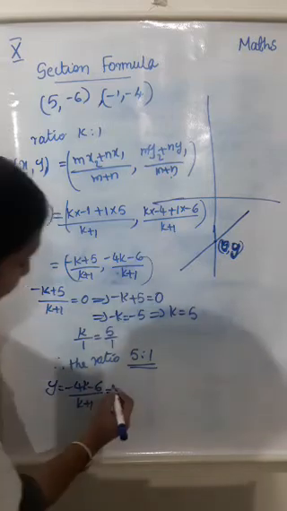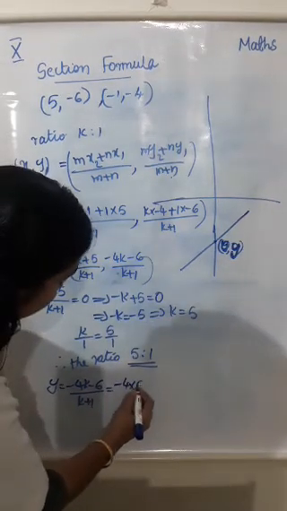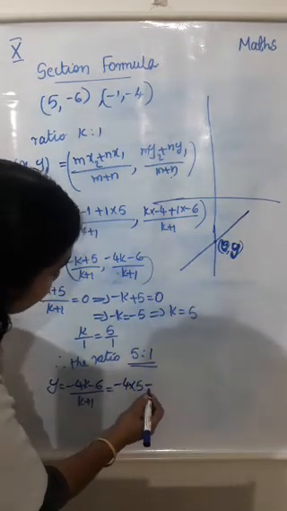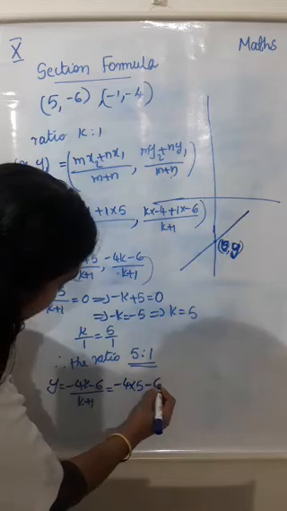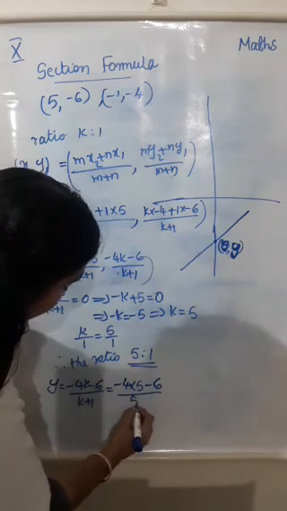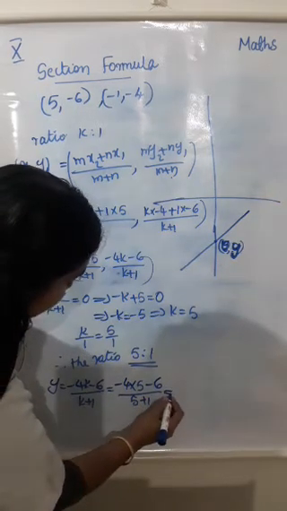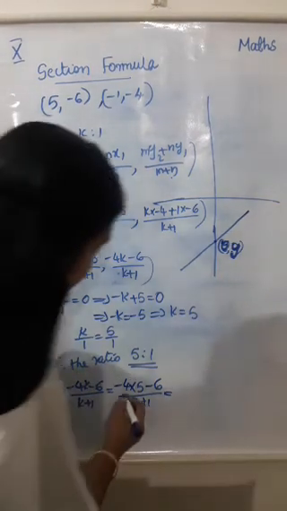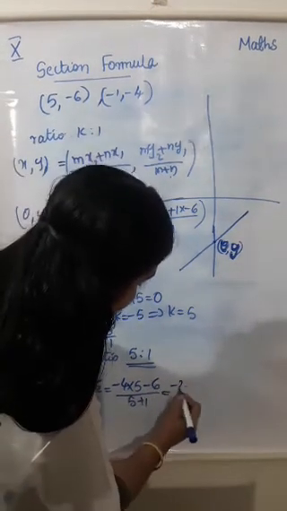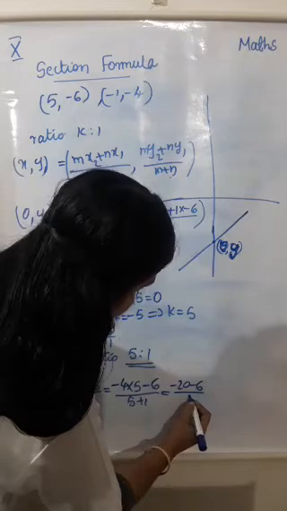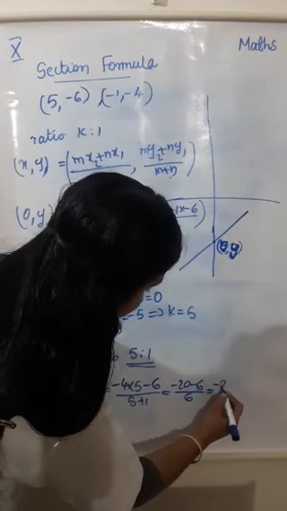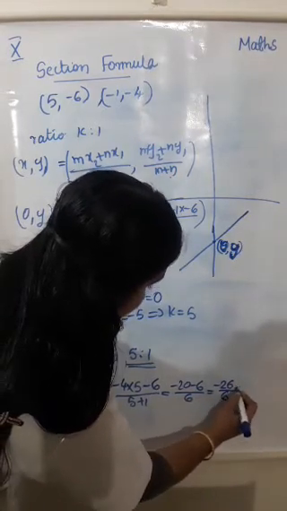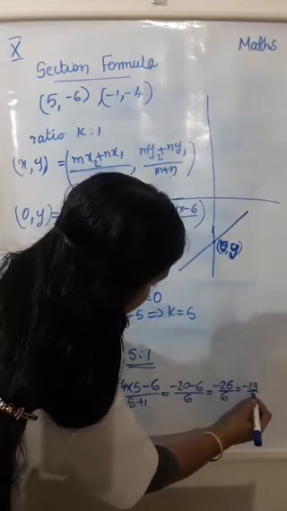Substitute 5 here: negative 4 into 5 minus 6 by 5 plus 1 is equal to negative 20 minus 6 by 6, which is negative 26 by 6, equal to negative 13 by 3.